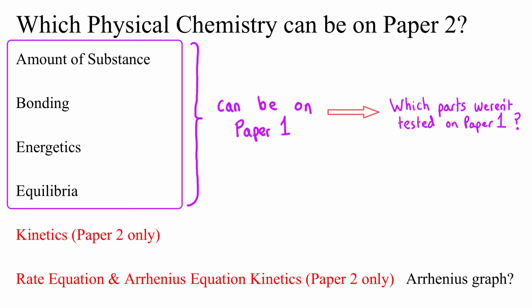And this will hopefully prove useful because some of these topics are very big, so a specific focus should improve the efficiency of your revision. These bottom 2 are only on Paper 2, and so we don't have any more details about that, except to say that there wasn't a graph to plot on Paper 1, which makes an Arrhenius equation graph plotting question a little bit more likely for Paper 2.